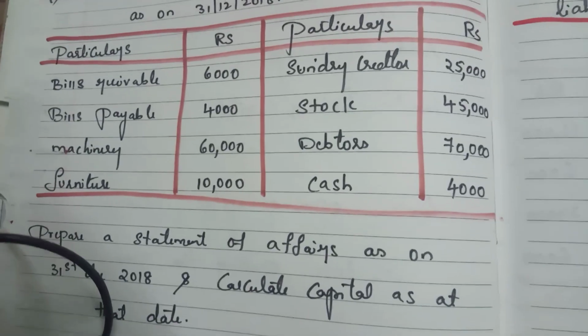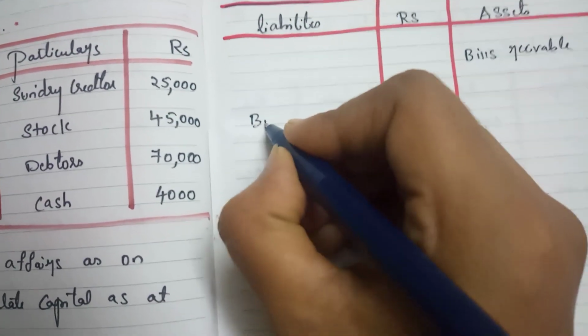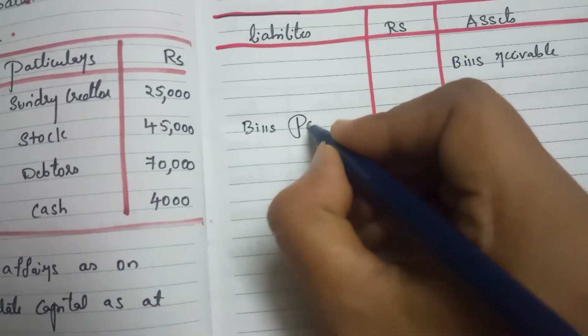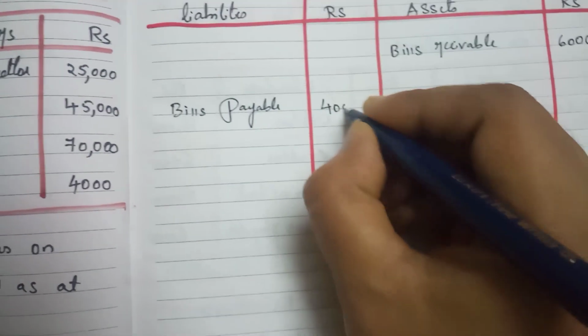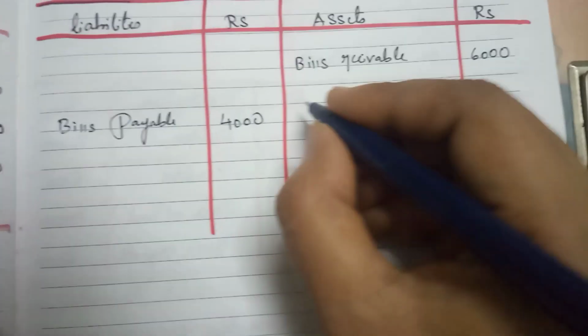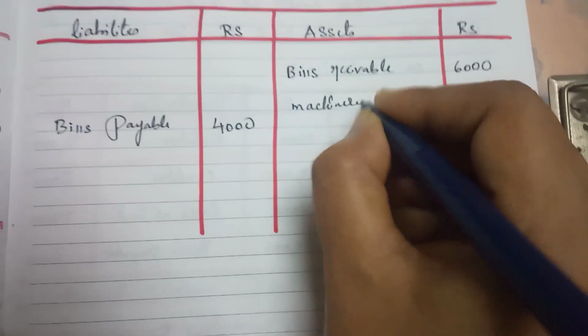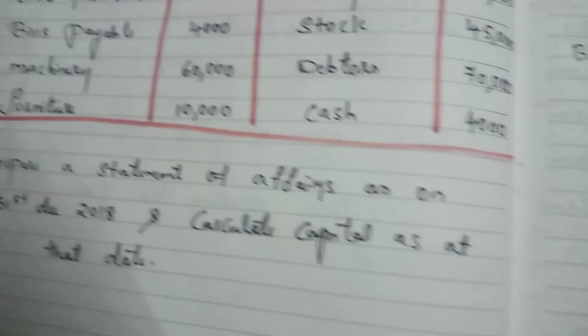Okay, I've written it here. And next we have bills payable. It's a liability. Leave some space. Bills payable. What's the bills payable you have? 4,000. Next we have machinery. Machinery is an asset. What's the amount you have for machinery? 60,000.